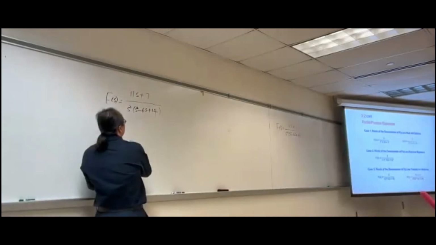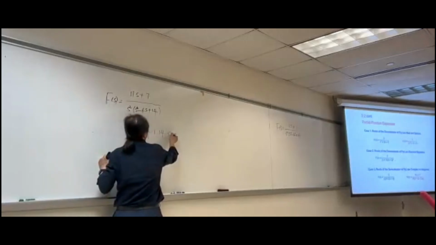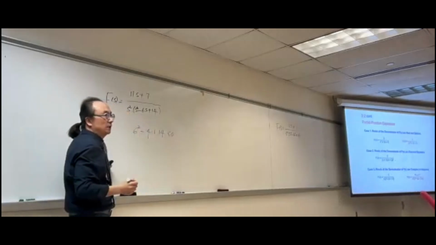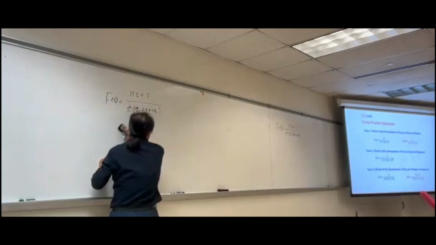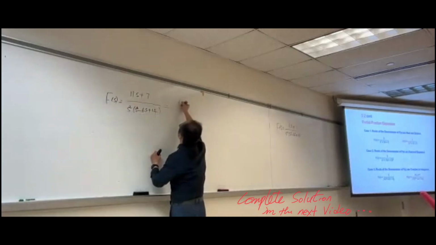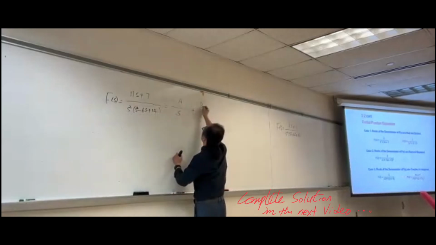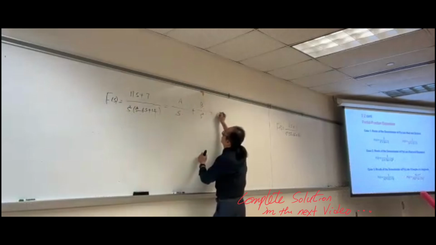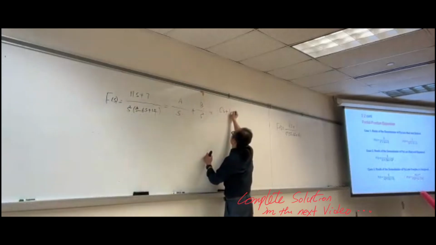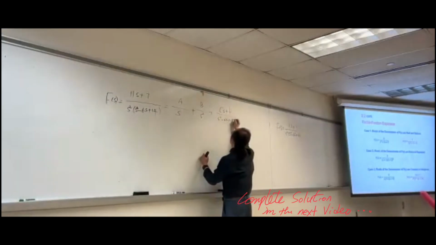Because b squared minus 4 times a times c is less than 0. That means complex numbers. So we don't have real roots. To get the partial fraction, we need to do a over s plus b over s squared plus cs plus d over s squared minus 6s plus 14.